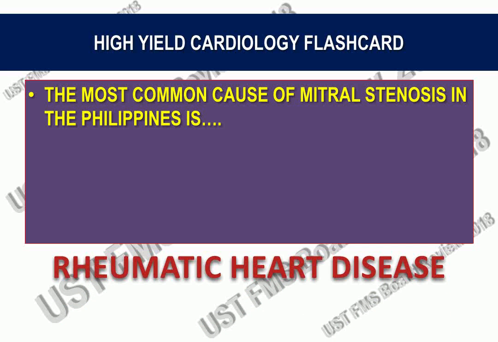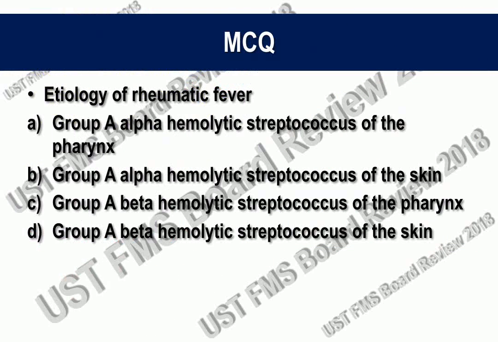Okay, so rheumatic heart disease is actually an organ damage as a sequela of rheumatic fever. And so what would be the etiology of rheumatic fever? So which particular streptococcal infection? So for rheumatic fever, it would be the group A beta hemolytic streptococcal infection of the pharynx.